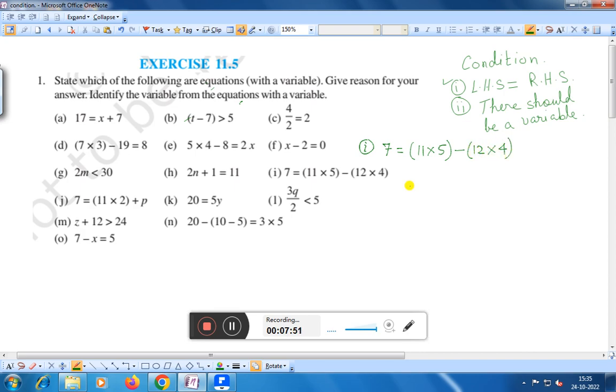Here in this case, left hand side is equal to right hand side, but there is no variable. Therefore you can say it is not an equation.